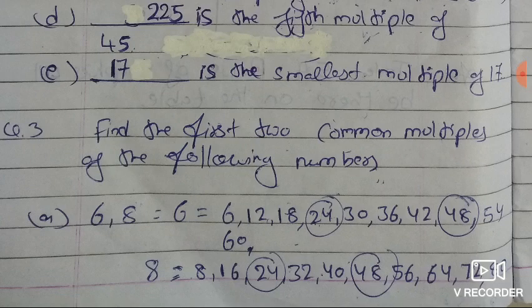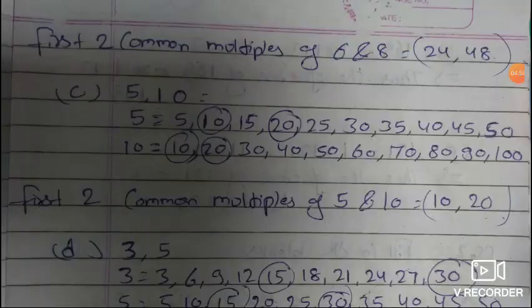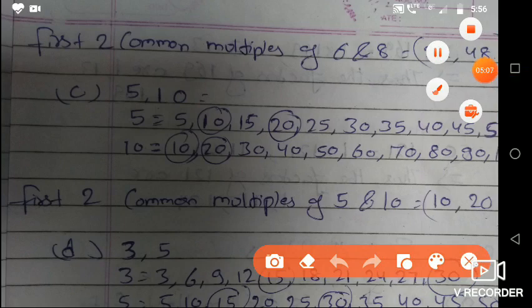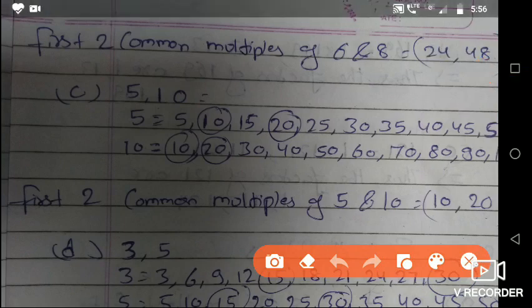So 24 is the first common multiple and 48 is the second. Write in a sentence: the first two common multiples of 6 and 8 are 24 and 48.